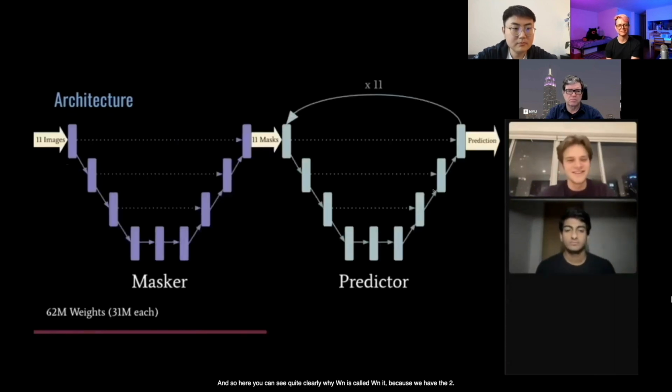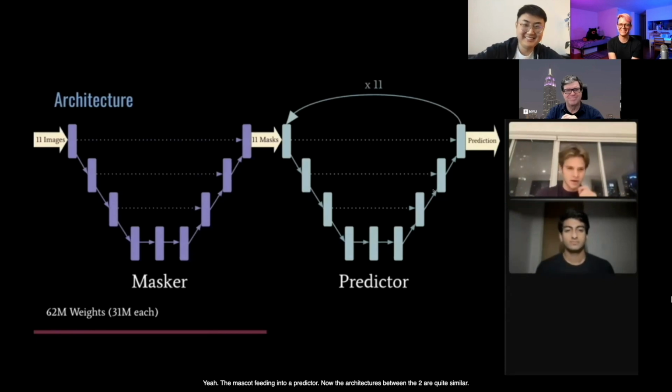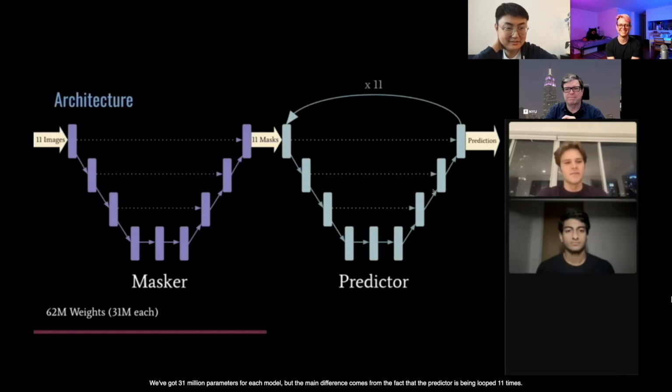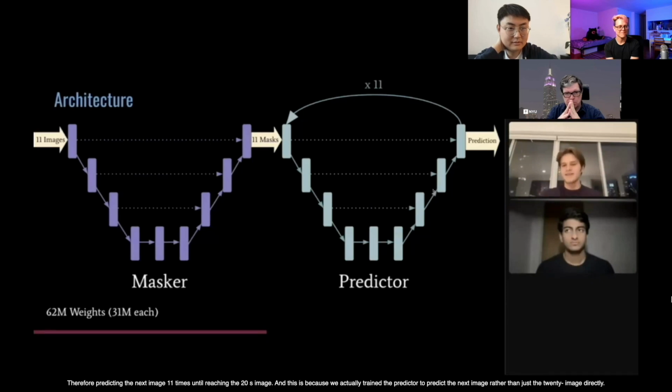All right, so here you can see quite clearly why WNet is called WNet, because we have the 2 UNets, the masker feeding into the predictor. Now the architectures between the 2 are quite similar. We've got 31 million parameters for each model, but the main difference is that the predictor is being looped 11 times, therefore predicting the next image 11 times until reaching the 22nd image.